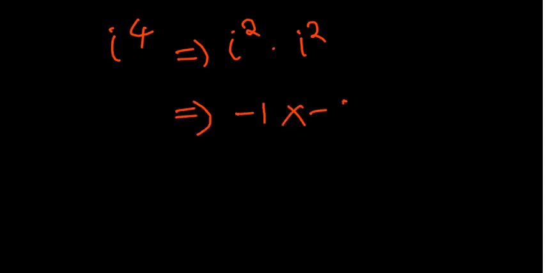Let's try i to the power 4. Anyone to simplify it? Within a second? 1. Good. How? So i to the power 4 is the same as i squared times i squared, or i squared to the power 2. So -1 times -1 is 1.